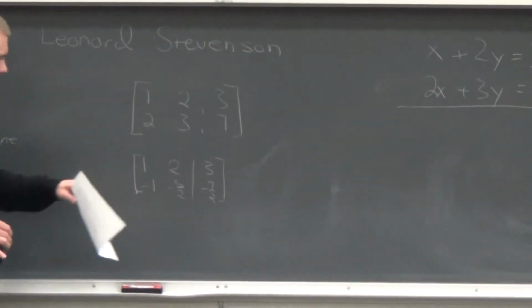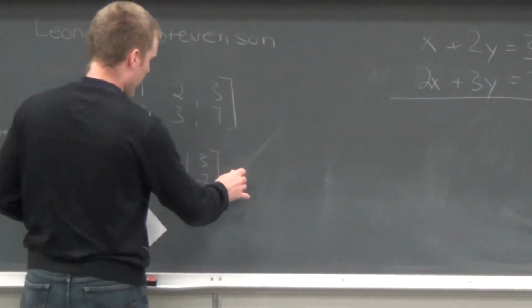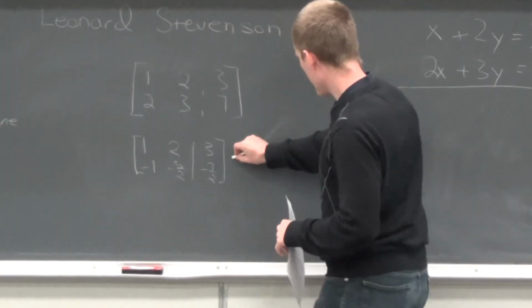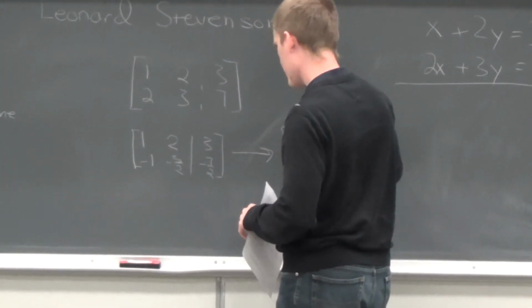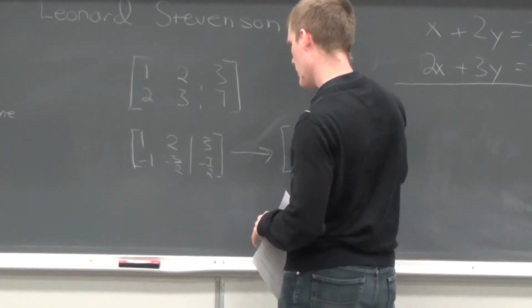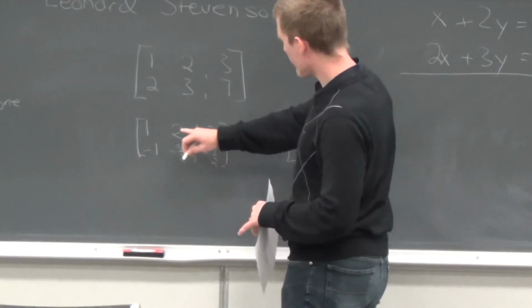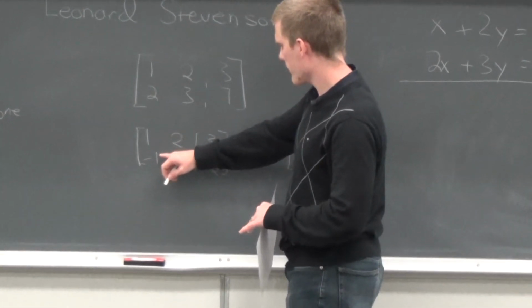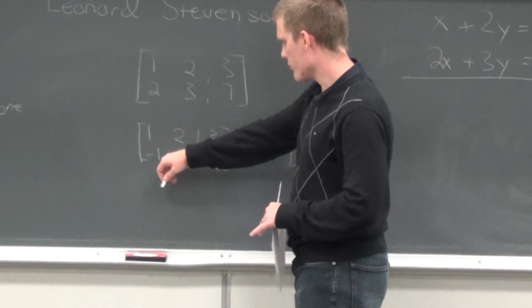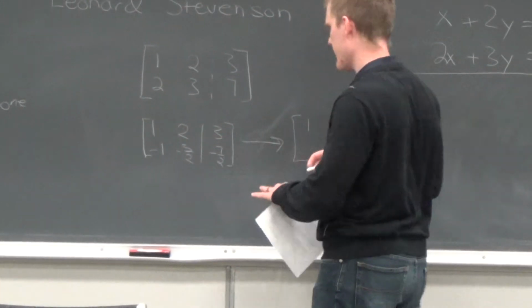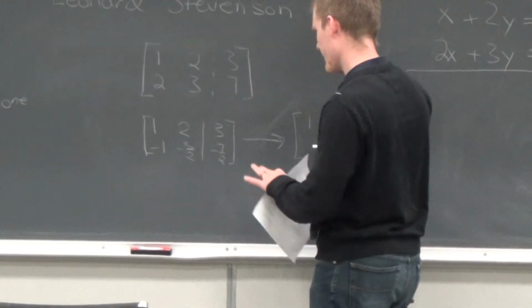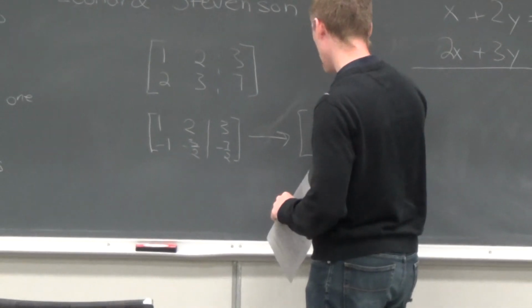Alright, next, we're adding 1 times the top row to the bottom row. So it's the bottom row that's being changed, not the top row.